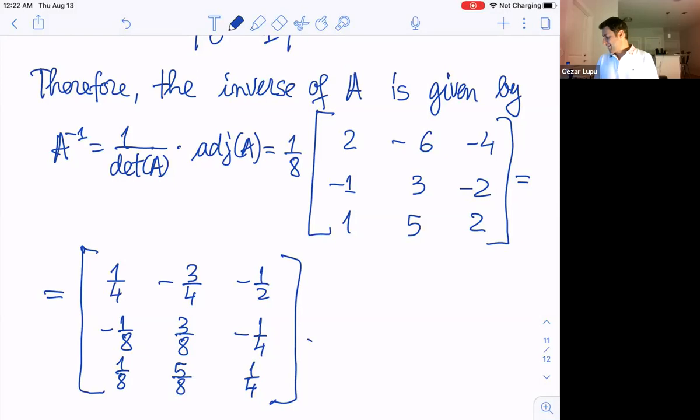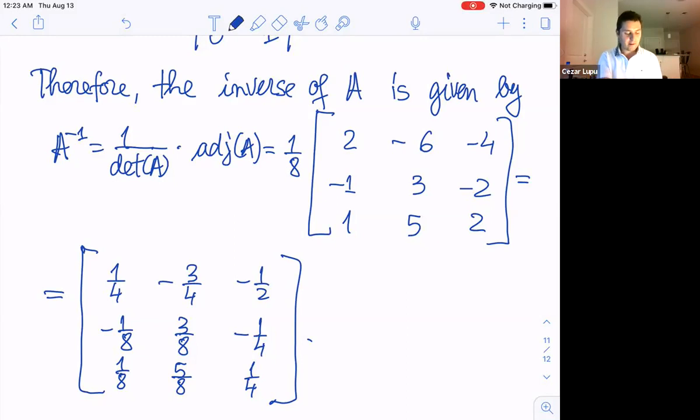Well, it's kind of long. It basically uses a formula and that's it, and you just need to compute the adjugate of A. It requires a little bit of knowledge. It definitely doesn't look like the first solution, where you just play around with elementary transformations and there you go.